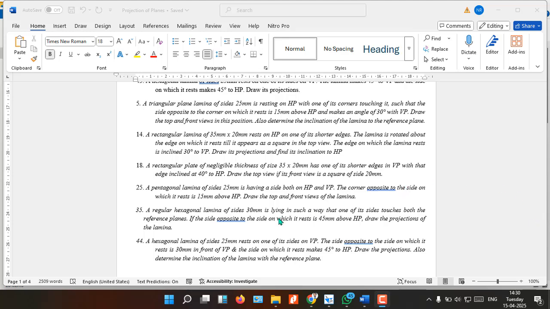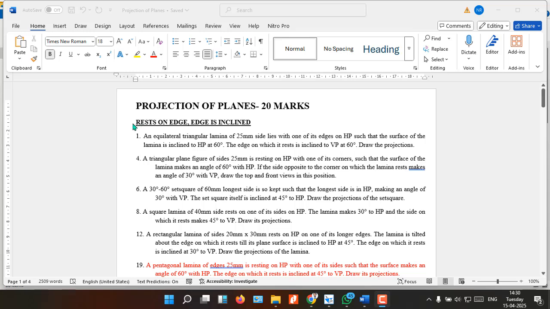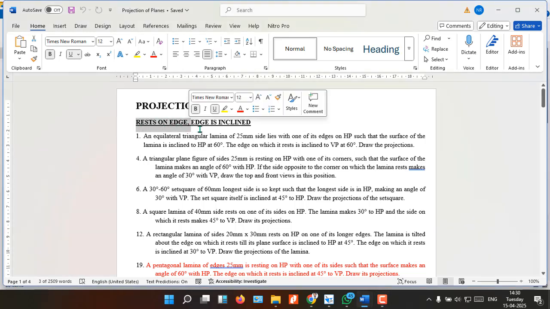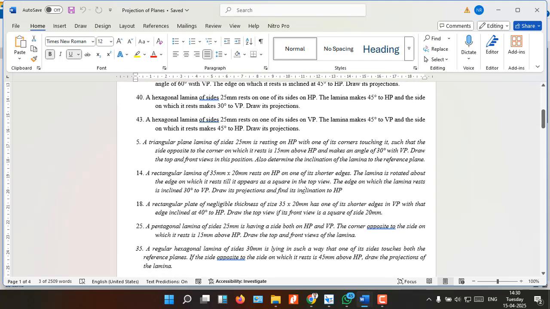When it comes to the projection of planes, we have solved a first category of problem where normally we tell it in a general way: it is resting on one of its edges, and the lamina is inclined, and the resting edge is inclined to the respective plane.